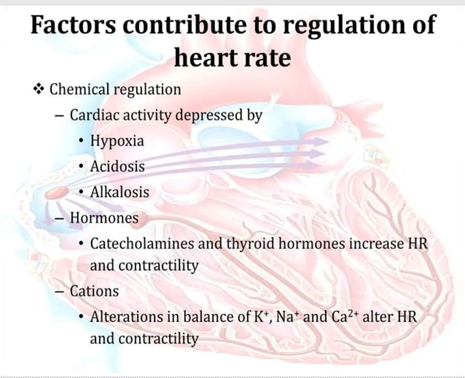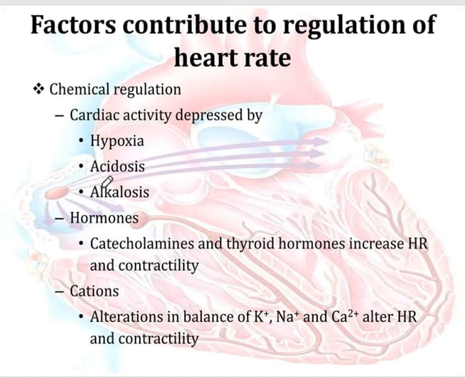The next slide shows the factors which contribute to the regulation of the heart. As we have got to know, the medulla oblongata is the cardiovascular center, so it helps to regulate the chemical actions also, the hormones and the cations. Cardiac activity is depressed by hypoxia and acidosis.